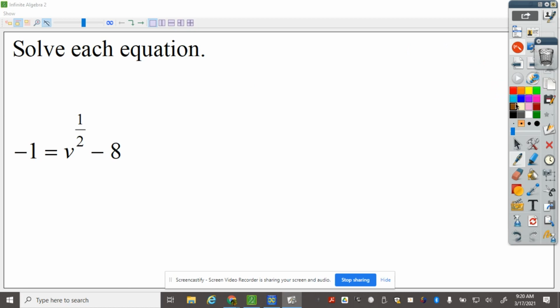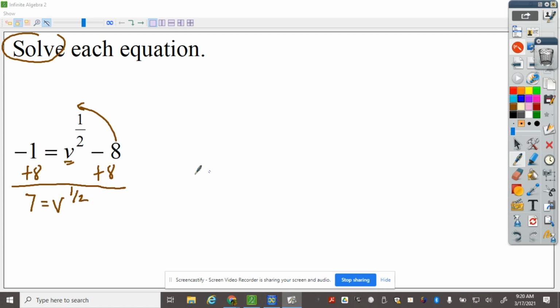All right, ready? Solve each equation. Negative 1 is equal to v raised to 1/2 minus 8. In solving an equation, you have to isolate the variable. So I need to move the negative 8 to the other side by adding 8 to both sides. That gives me 7 is equal to v raised to 1/2.